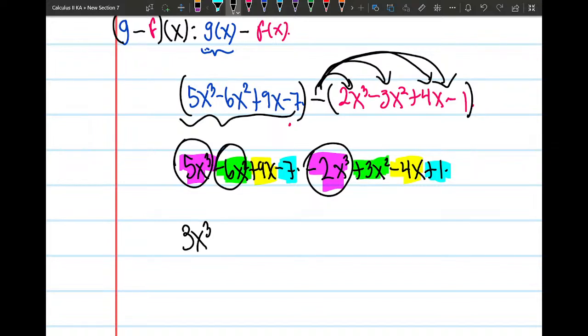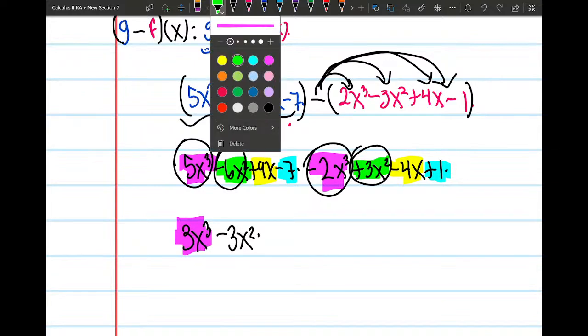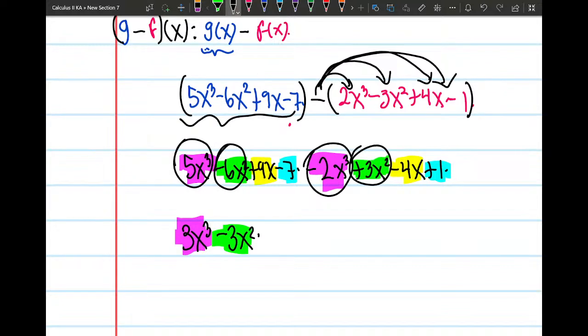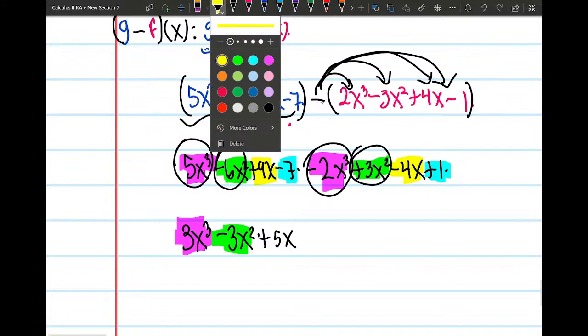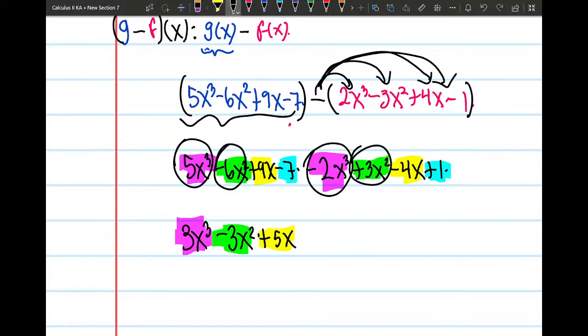And then negative 6x squared plus 3x squared, that's going to be minus 3x squared. So again, I'm just going to get in here and show you guys what I'm doing. And so 9x minus 4x, that's going to be plus 5x. And then negative 7 plus 1, that's that part.